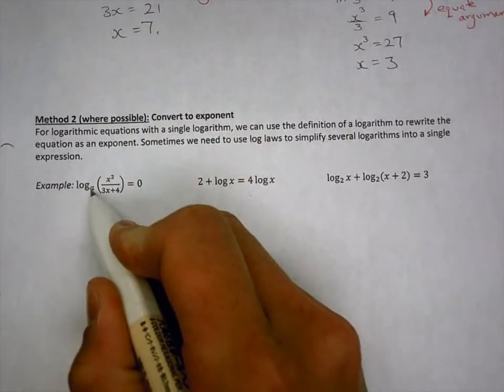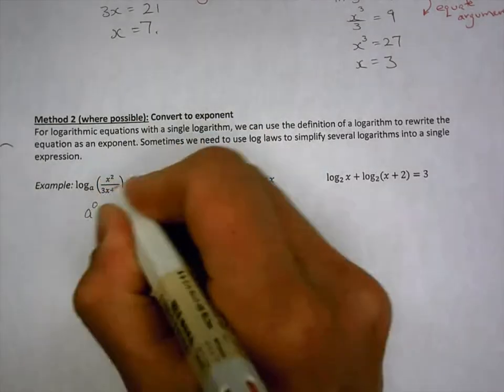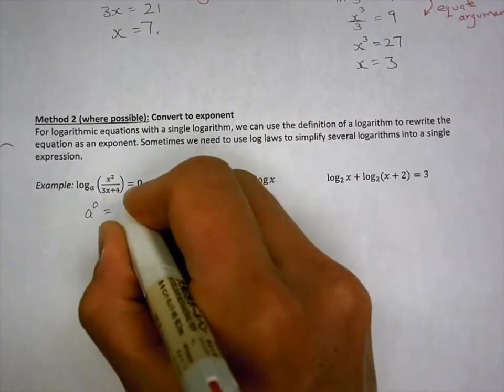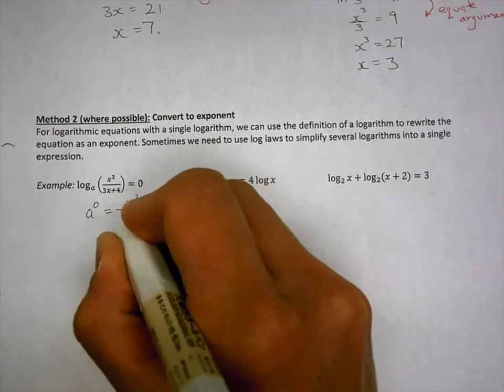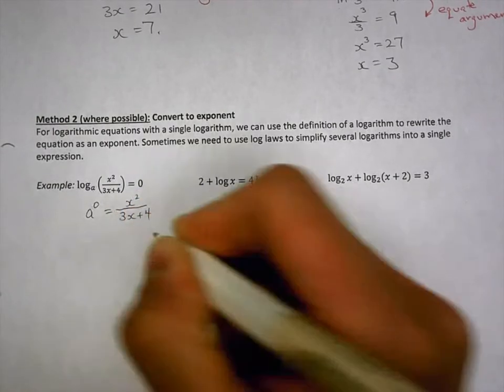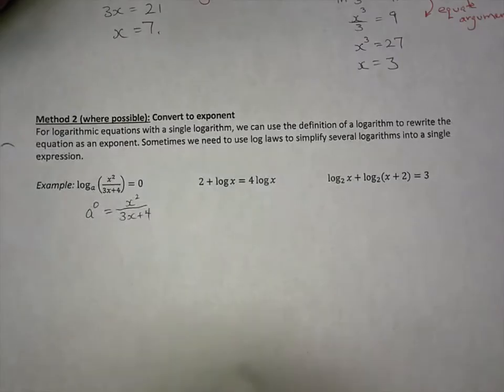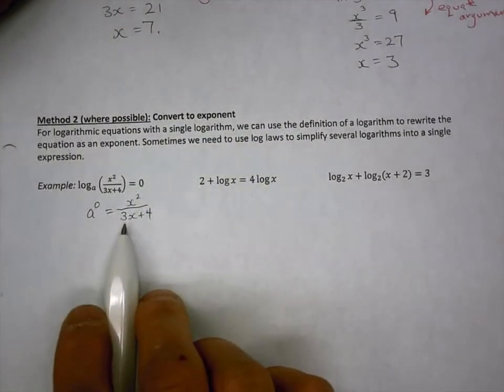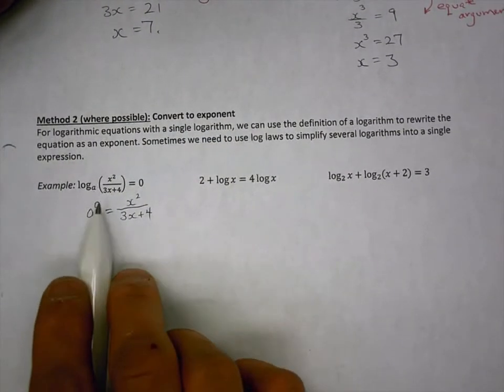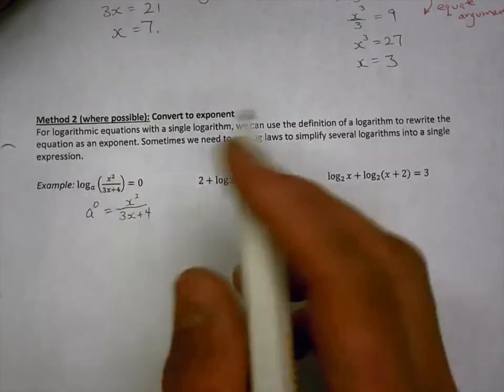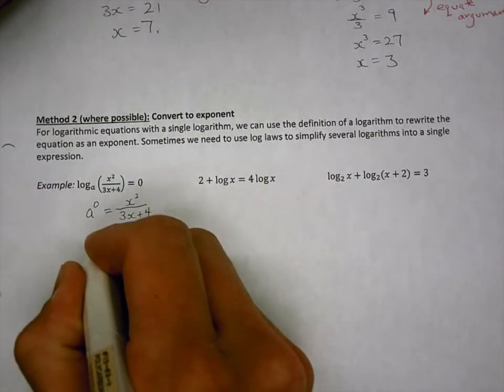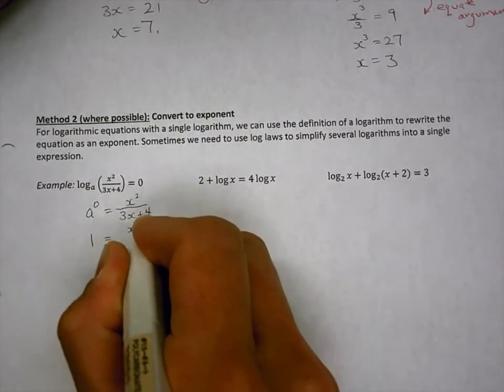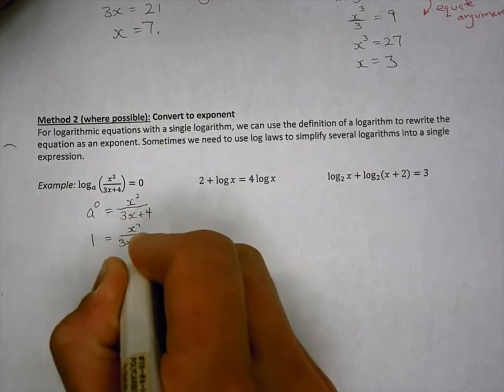So it's going to be base to the power of 0 is equal to x squared over 3x plus 4. All I've done is rewrite the logarithm as an exponential. Now, a to the power of 0, it doesn't matter what a is, this is always going to be 1. So 1 is equal to x squared over 3x plus 4.